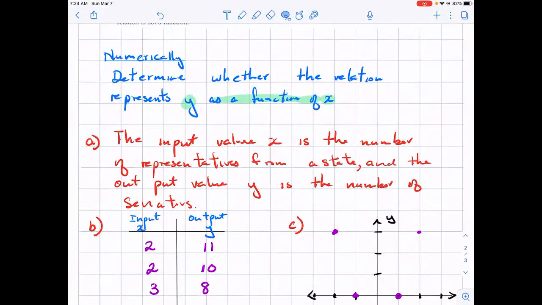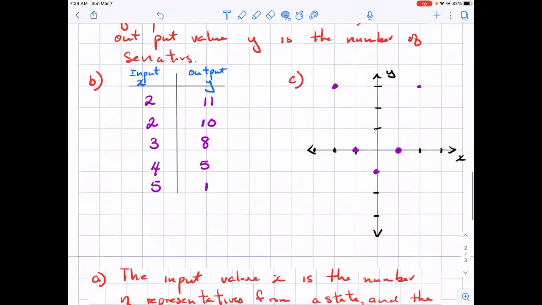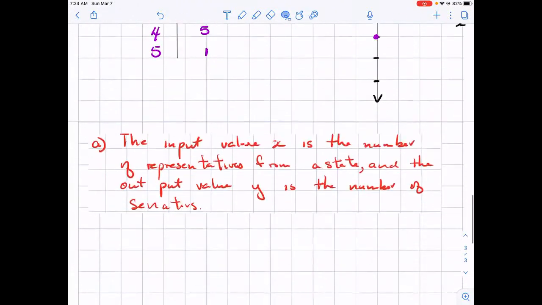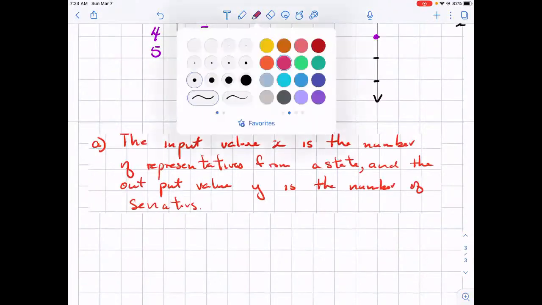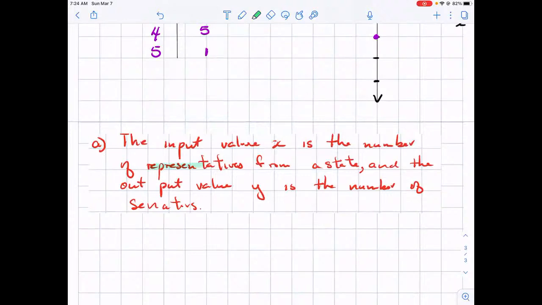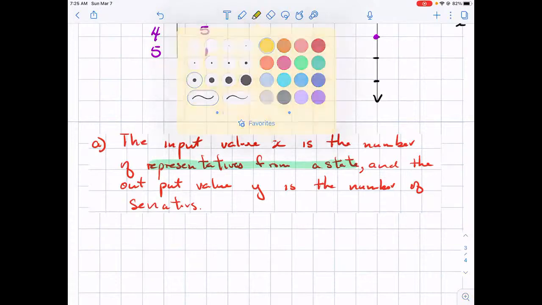The input value 2 is matched, regardless of the value of x, the value y is 2. It doesn't matter how many representatives we have, the output value for each state is the same.